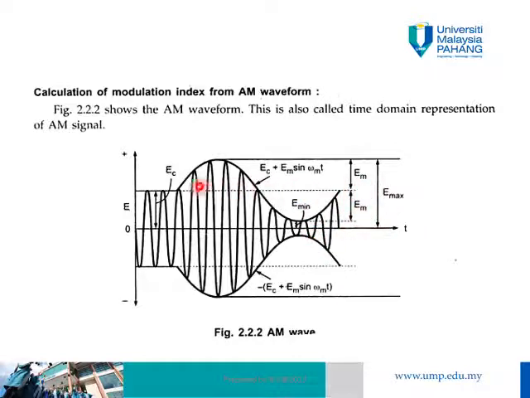This is EC from 0 to here, and we have EM from here to here. So the difference is Emin. You can study this later.